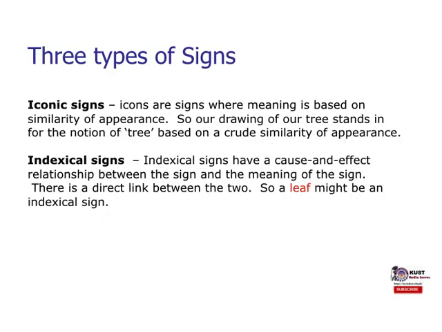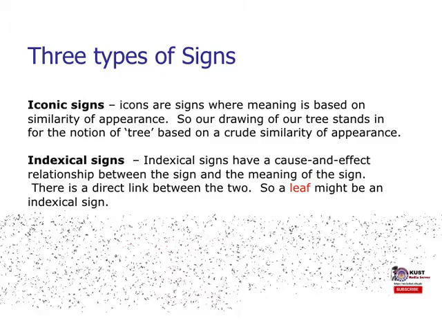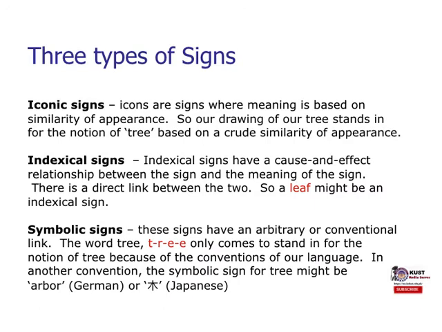For example, if you see smoke, that reflects danger, and that's how it's an indexical sign, a cause and effect relationship. And then we have the symbolic signs. What is a symbolic sign? When you see a cross or a word or a symbol, what does it reflect? The three signs are iconic signs, indexical signs, and symbolic signs. We've already discussed that, but let's go further today.